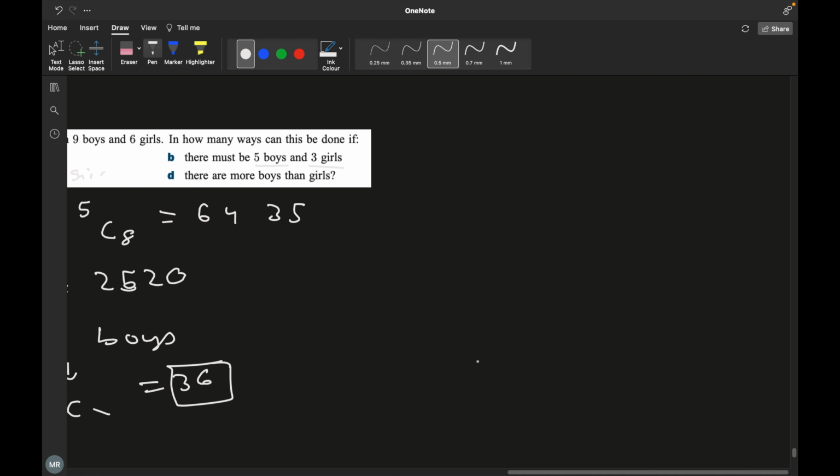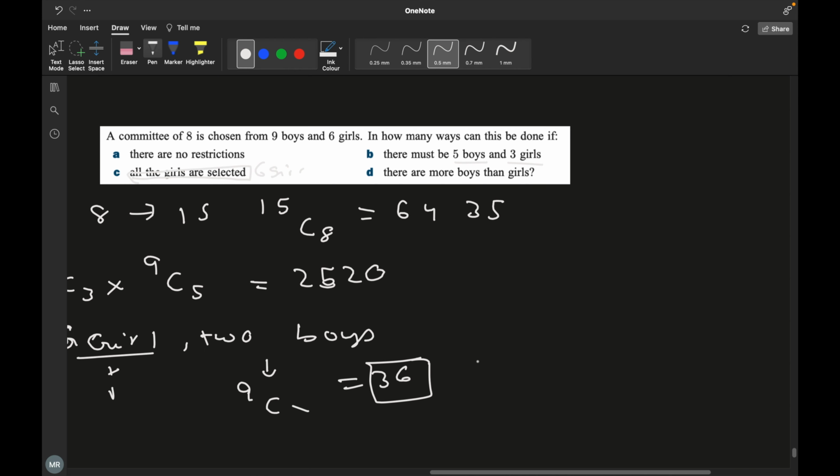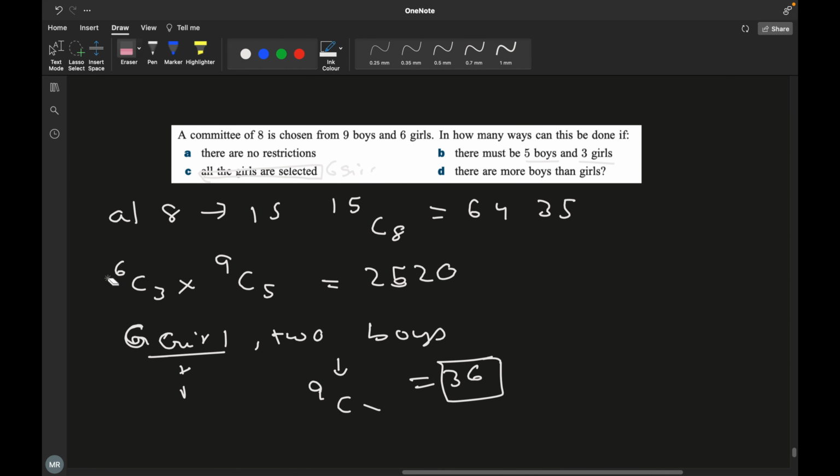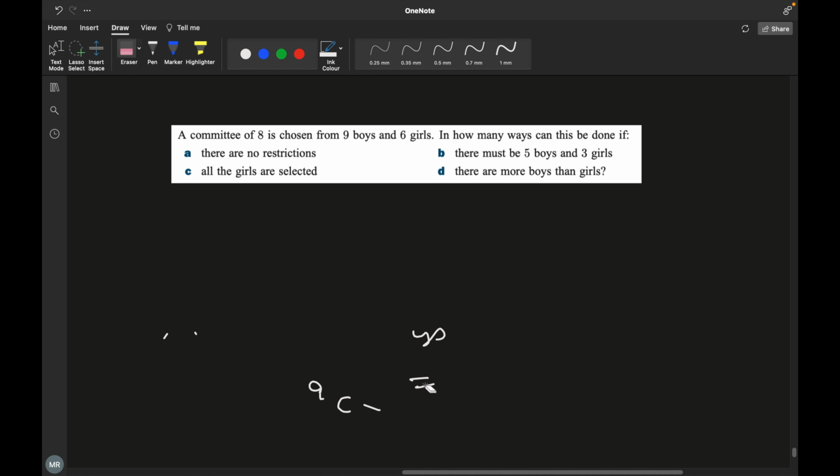And now let's look at D. This is somewhat complicated, but it's not that complicated also. If there are more boys than girls, we have to write down every single possibility. So wait, I'll show you. Let's take scenario 1.